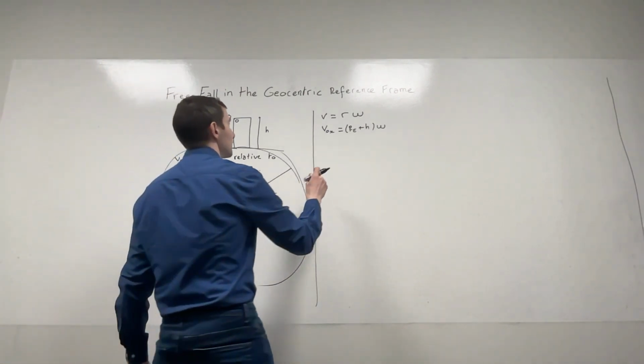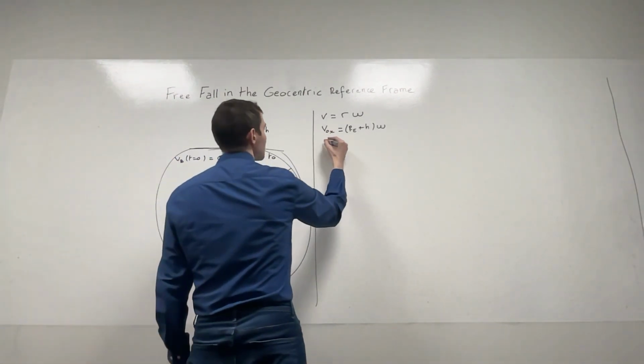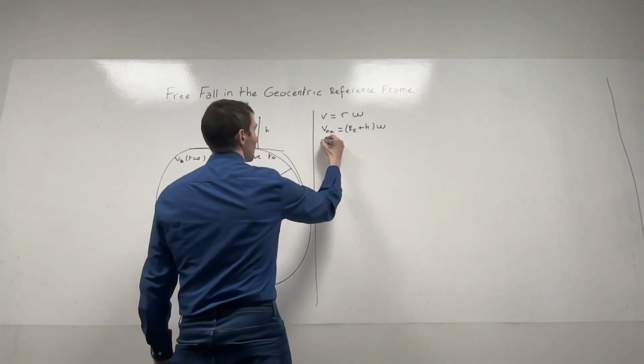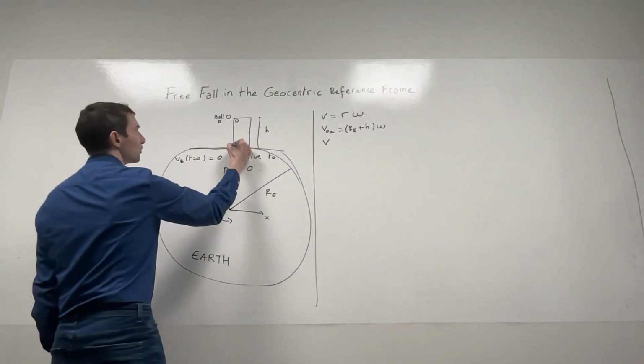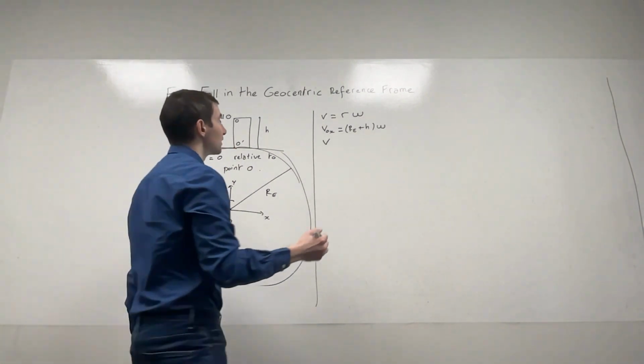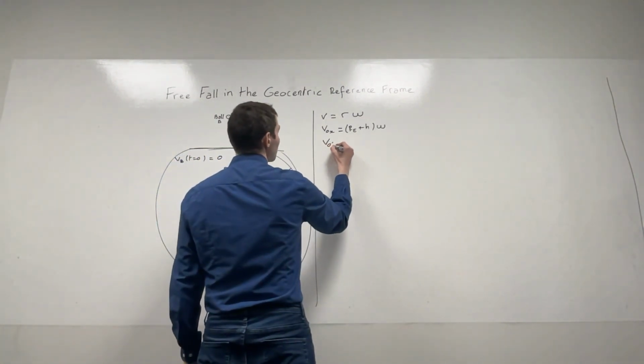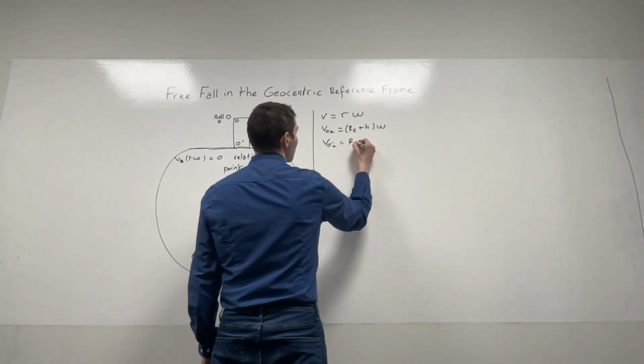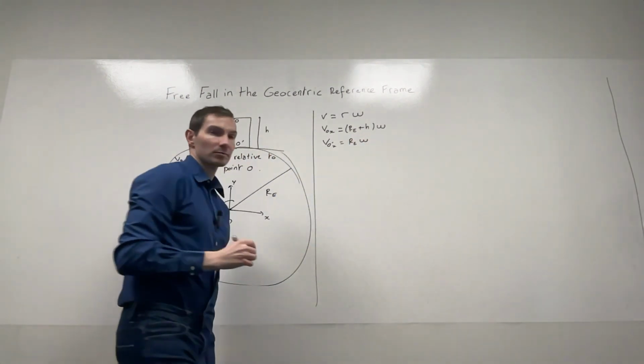And then I need to put another name here, so let's call this point O prime at the base. So we've got V_O'x is equal to Re times omega.